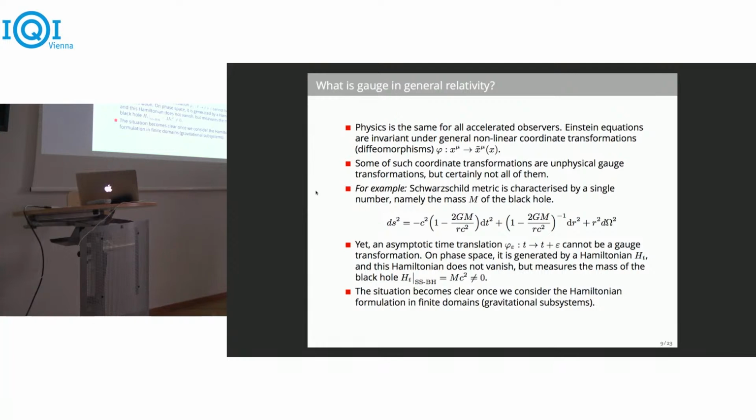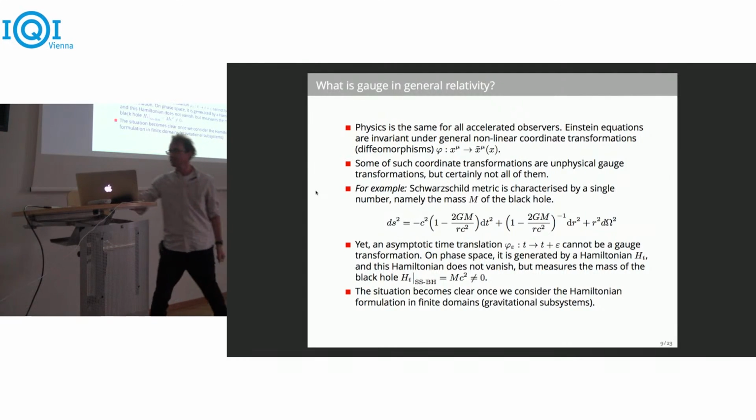In other words, the Hamiltonian does not vanish, and this is an indication that it's not a gauge symmetry, but it has a finite value if evaluated on such a geometry, which is the mass. And therefore we expect that such asymptotic time translations are not gauge transformations.